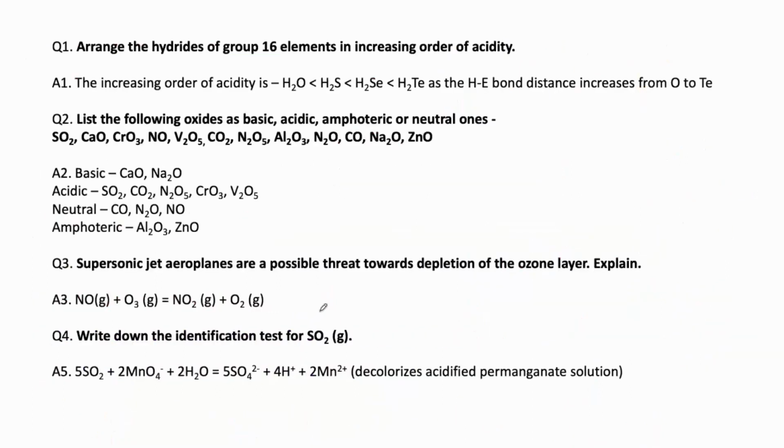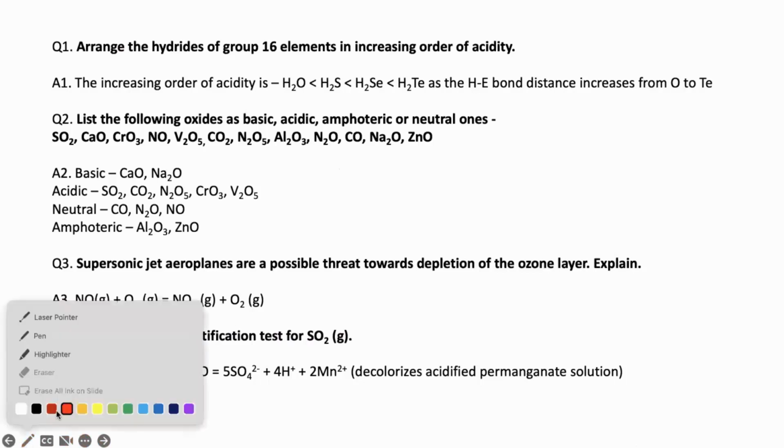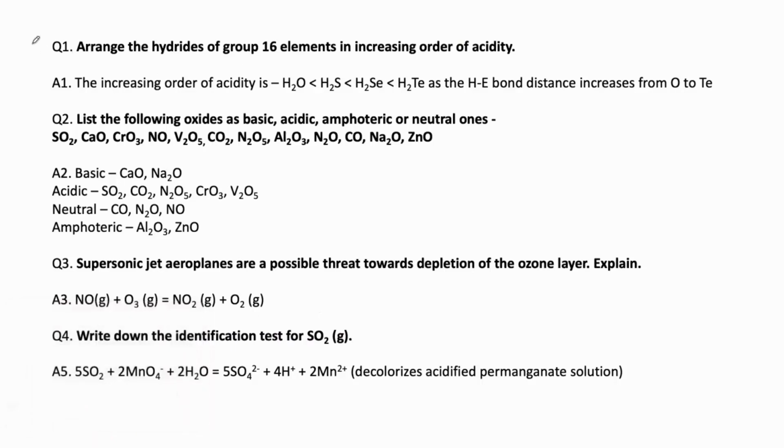So here are the different questions that are helpful for exam purposes that we will discuss. The first one: arrange the hydrides of group 16 elements in increasing order of their acidity. The hydrides are H2O, H2S, H2Se, and H2Te.